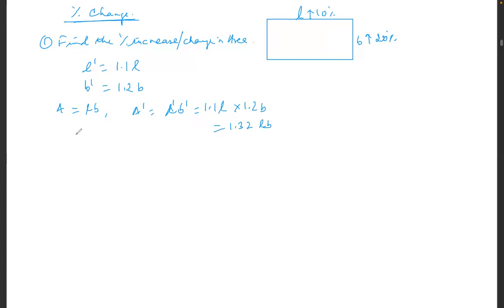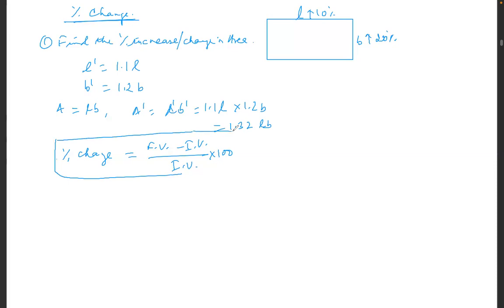So this is 32%. Now percentage change in area is given by final value minus initial value divided by initial value into 100. This is the formula.